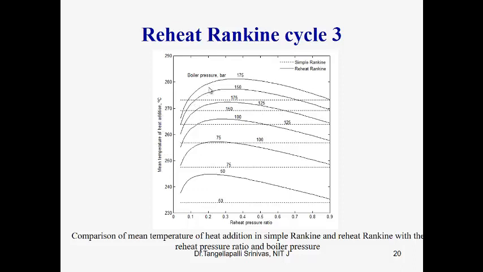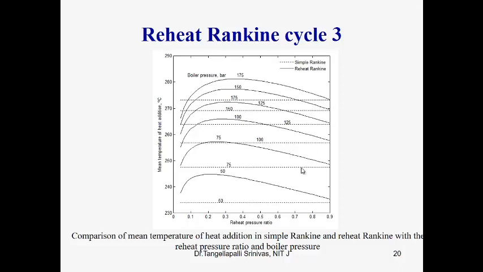The mean temperature of heat addition may be more than the simple Rankine cycle or less than the simple Rankine cycle. If the mean temperature of heat addition is more than the simple Rankine cycle, we can expect an increase in the efficiency. If it is less, we can't expect efficiency improvement in the Rankine cycle.